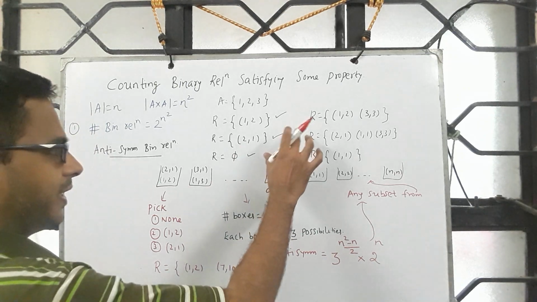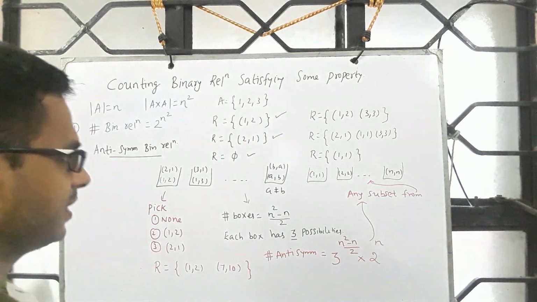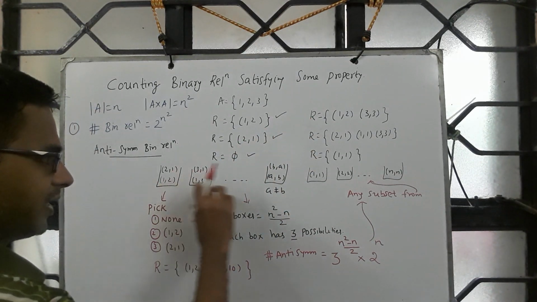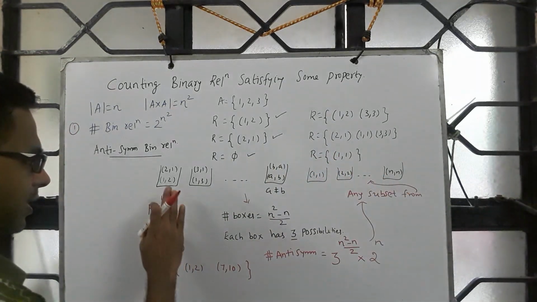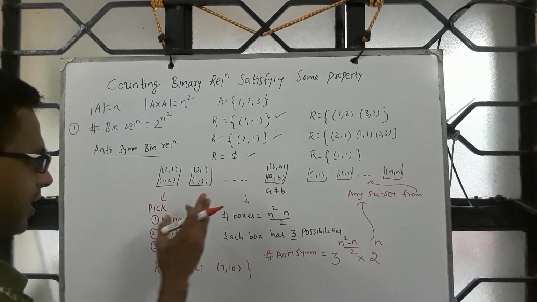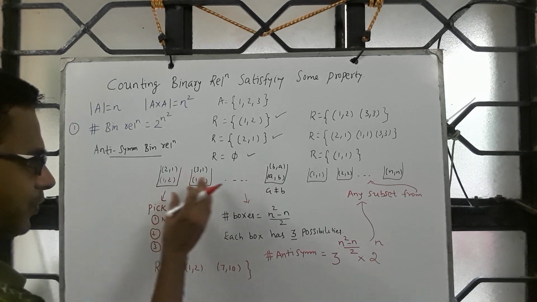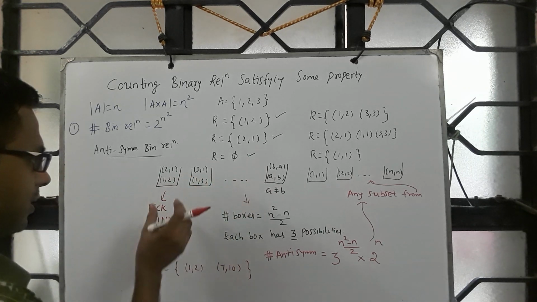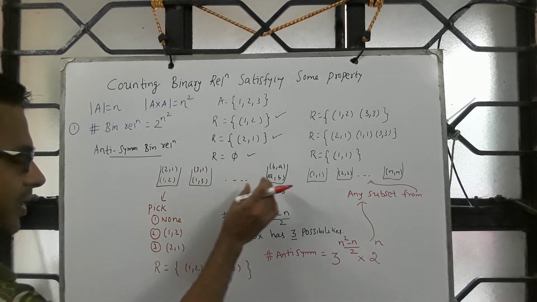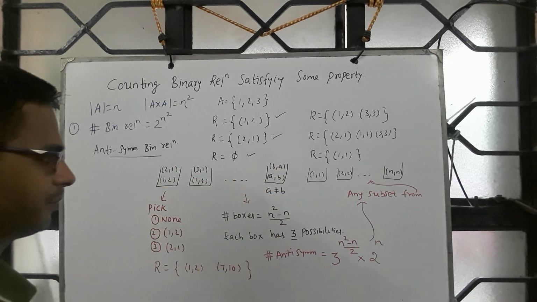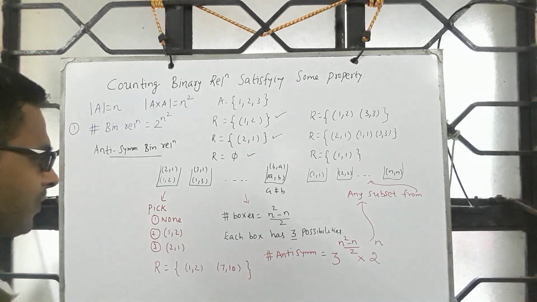So I'm visualizing A cross A like this, separate diagonal elements, then upper triangular and lower triangular I'm grouping them according to this pattern, like (1, 2), (2, 1) and (1, 3), (3, 1). In general, (A, B), (B, A), where A and B are not same.